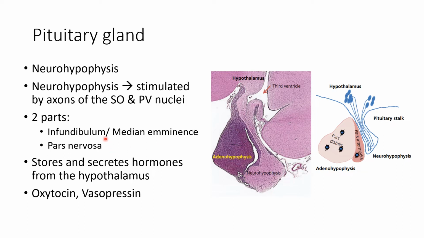Now, for the second part of your pituitary gland, which is your neurohypophysis, it is stimulated by the axons of the supraoptic and the paraventricular nuclei, as you can see here.